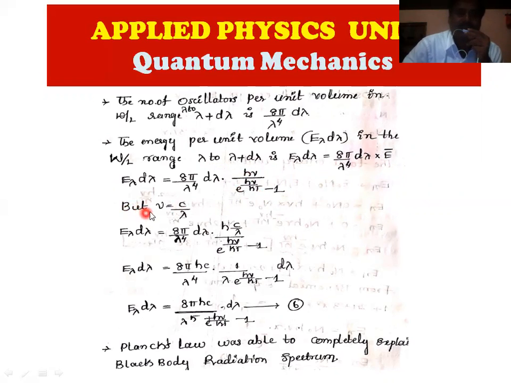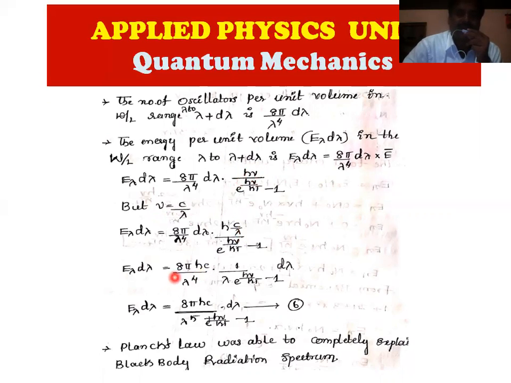But you know the velocity of light, c is equal to nu into lambda, or nu is equal to c by lambda. We are substituting in this expression, where nu is there, nu as c by lambda.